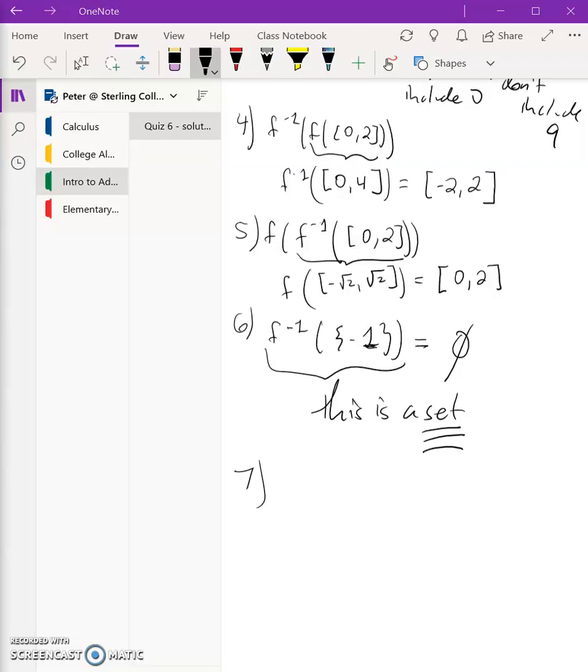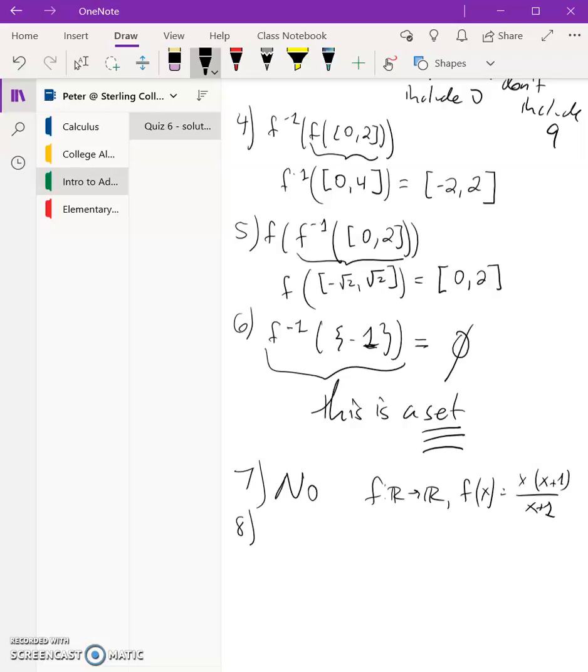Then question 7, many of you got this one right. Indeed, this should be a no. This does not describe a function. The reason is that you're looking at f that maps the reals to the reals, defined by f of x equal to x times (x plus 1) divided by (x plus 1).